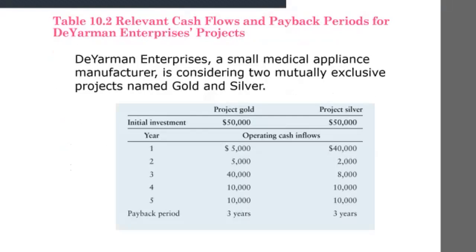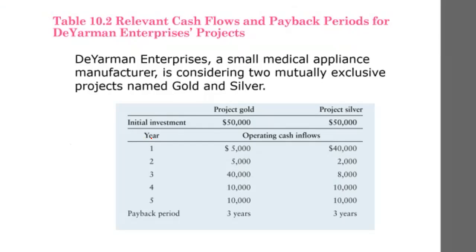We have two projects here with the same price. Diamond Enterprises, a small medical appliance manufacturer, is considering two mutually exclusive projects named Gold and Silver. The initial investment is $50,000 each, and these are the returns. When we measure the payback period, we can see it takes 3 years for each one.